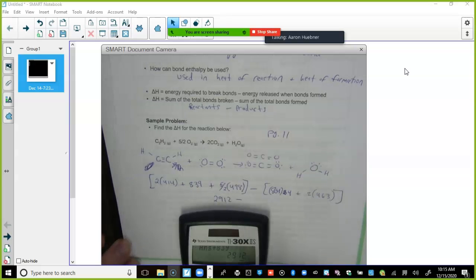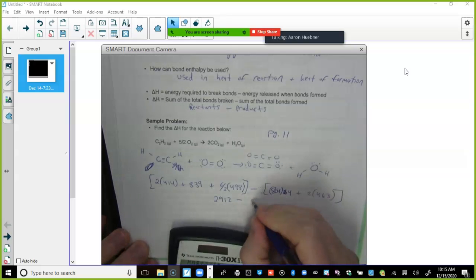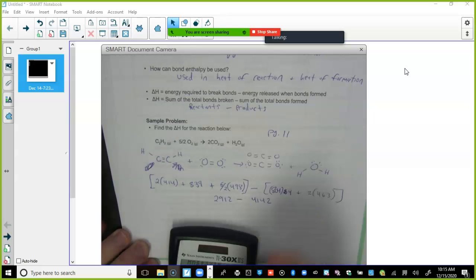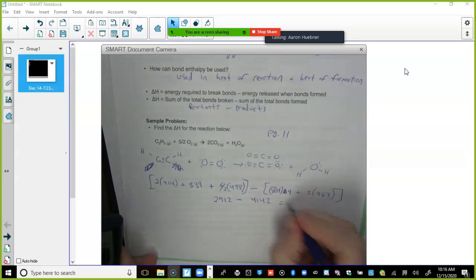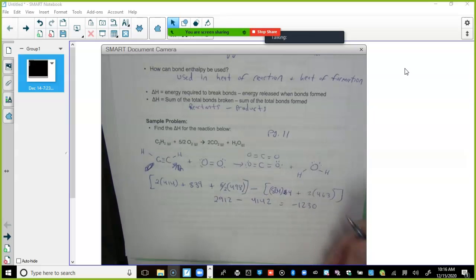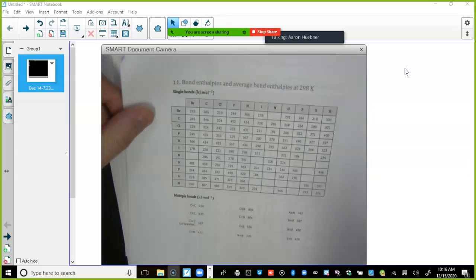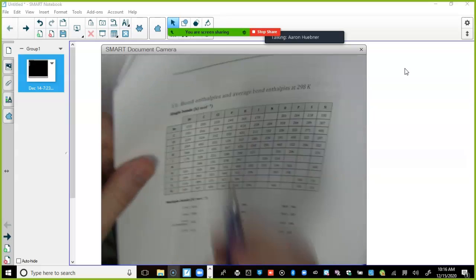Subtracting it by 804 times 4. It's 3216. 4142. Alright, so it's going to be negative. You got it. 2912 minus 4142. Negative 1230. And my units are probably going to be kilojoules per mole, because that's what all my values were.